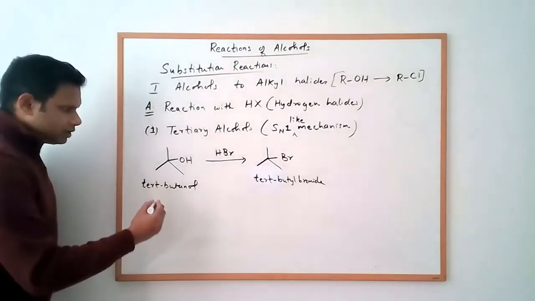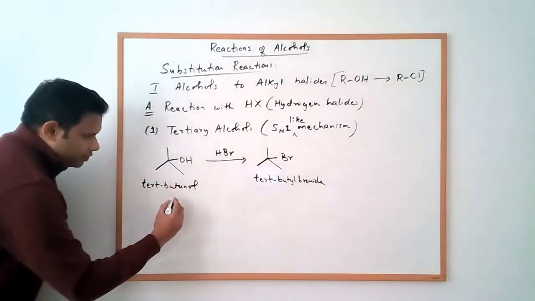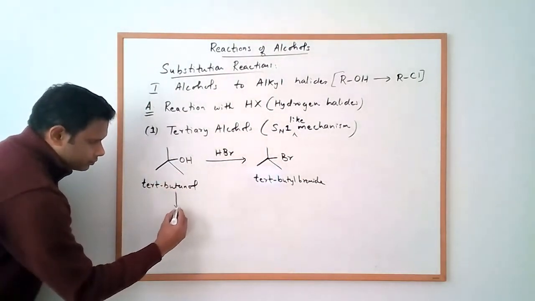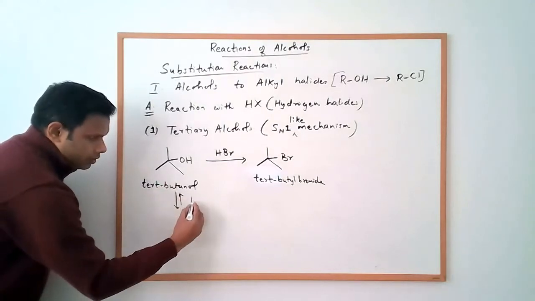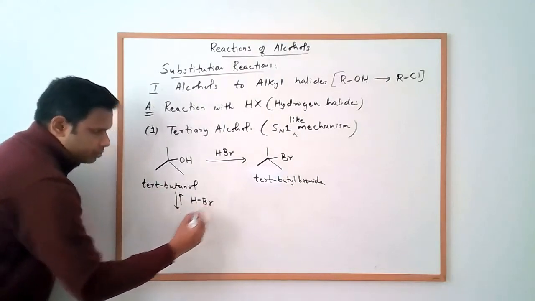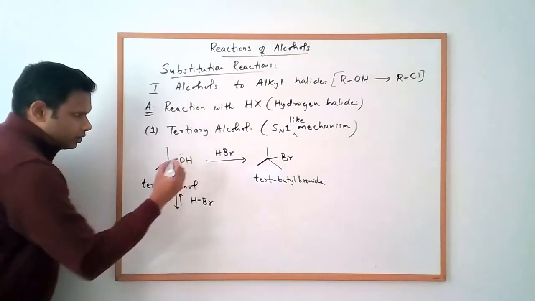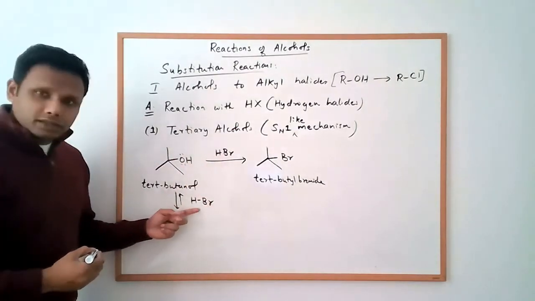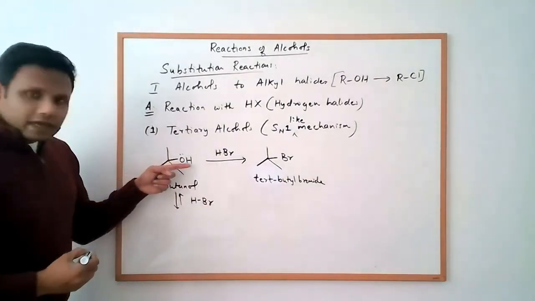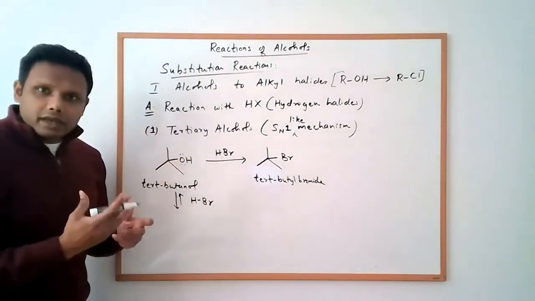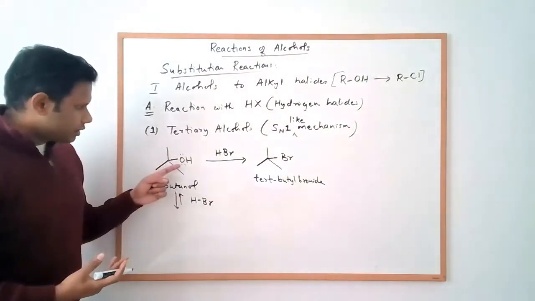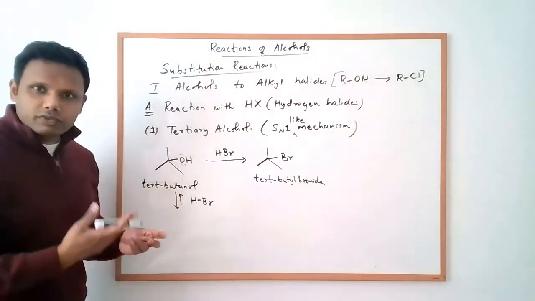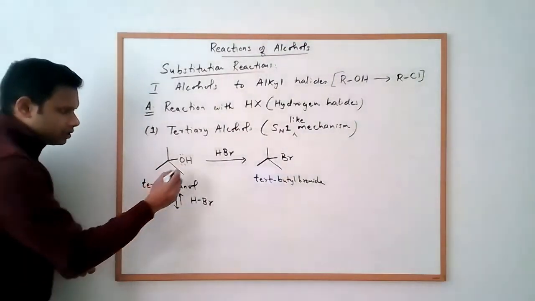Okay, so what happens here is when you react the tert-butanol with the acid HBr, this is an acid, HBr, we know that's an acid. And so the alcohol here can act as a base, okay, because it has lone pairs on it. So we can do some acid-base reaction here.